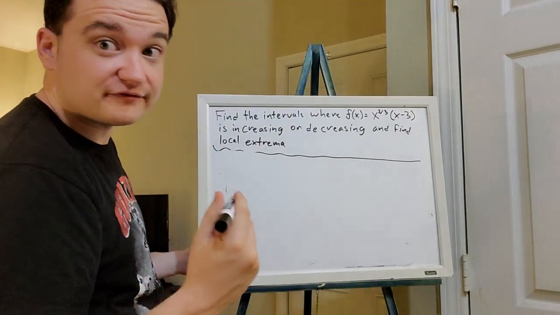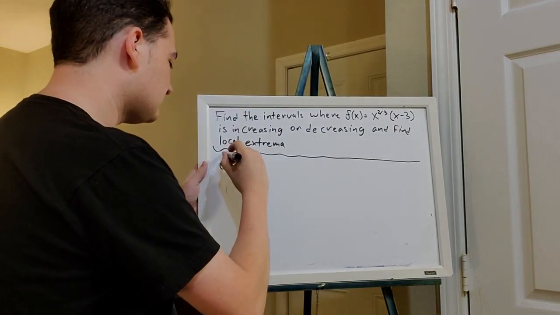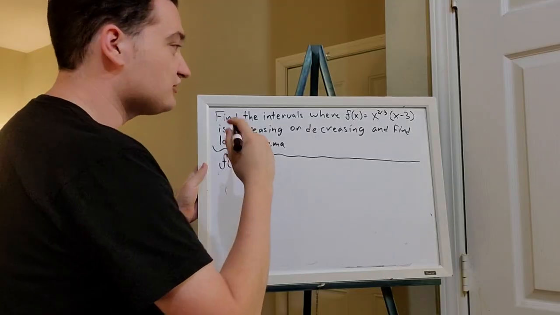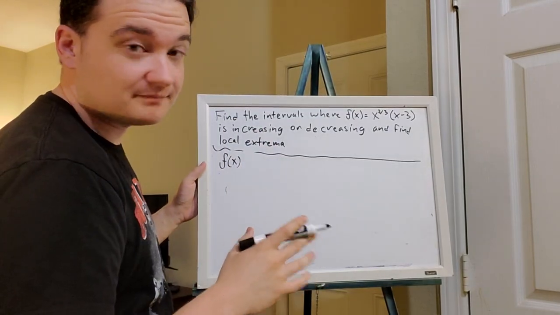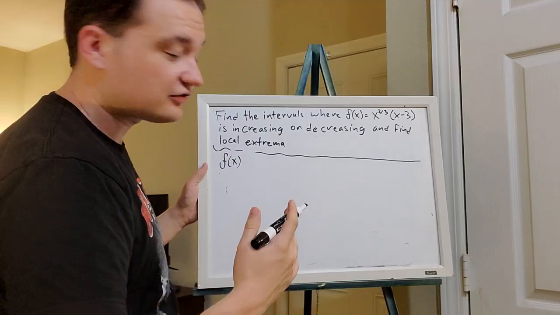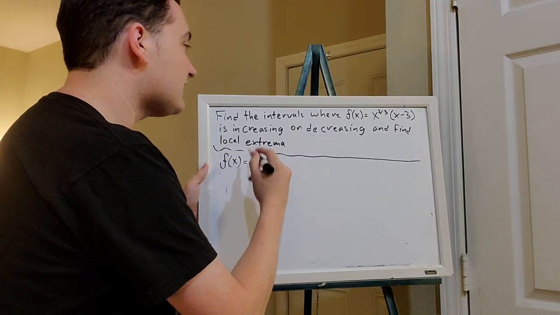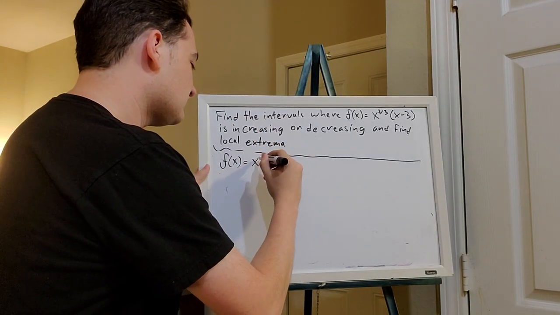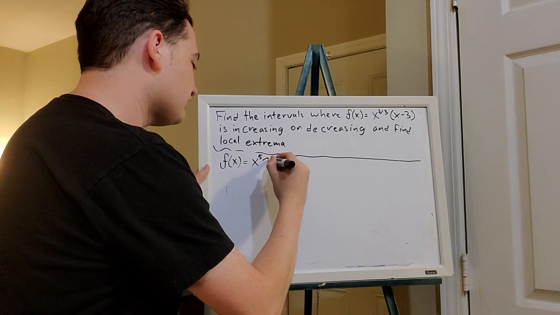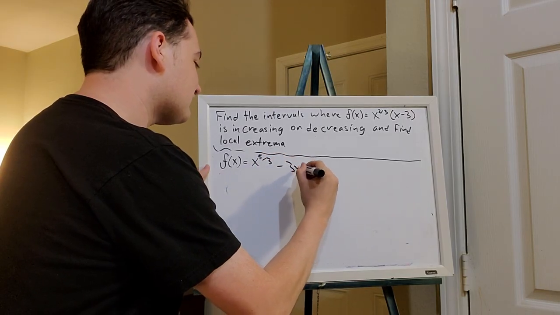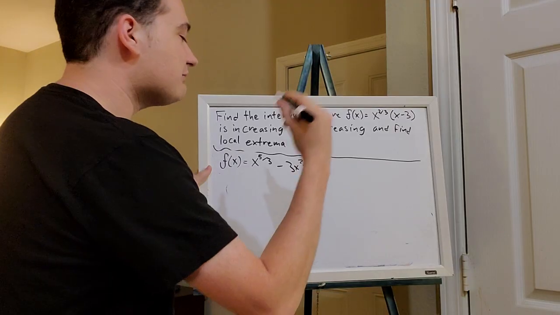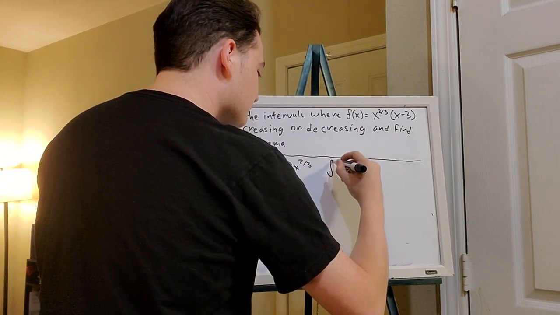First, we take the first derivative. There's a couple of ways you could do this. You could do a product rule here. I'm not going to do a product rule here. I'm going to multiply it out first. So we get x to the 5/3 minus 3x to the 2/3. And then I'm going to take the first derivative.